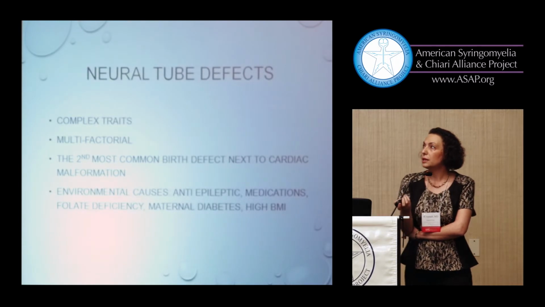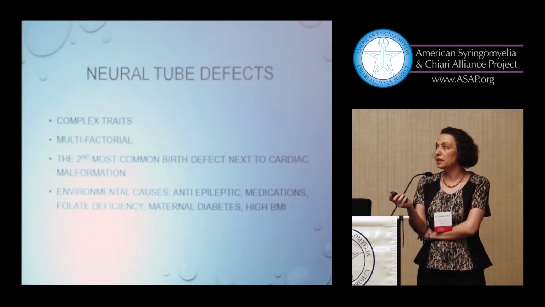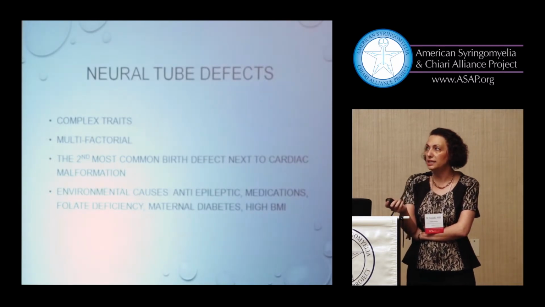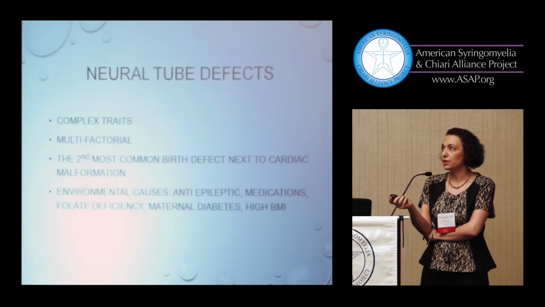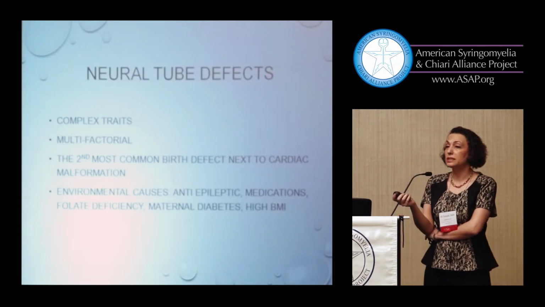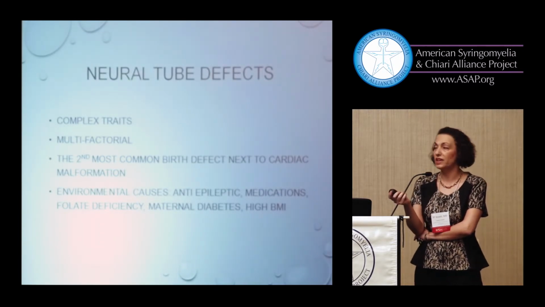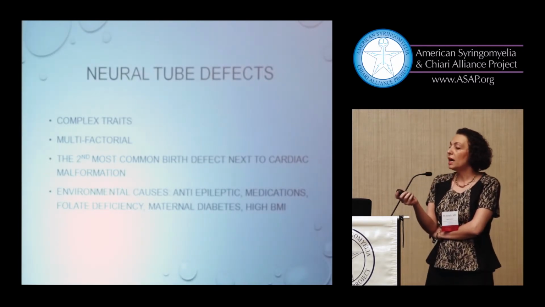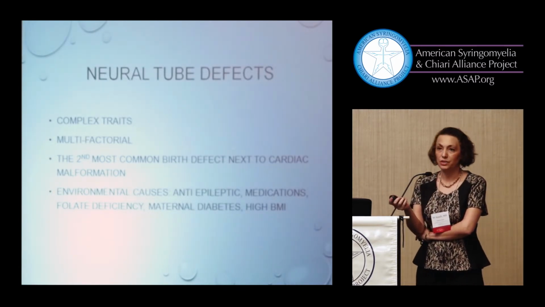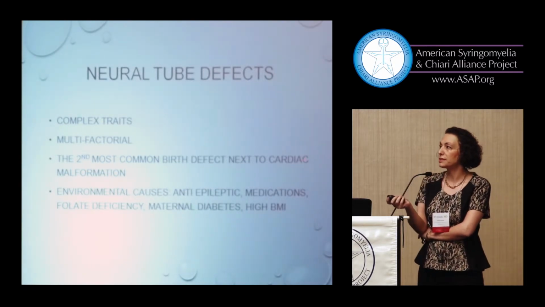So to add more to my discussion, I searched the neural tube defects, and as you may have heard, these are complex traits, and they're multifactorial. They're very common, and next to cardiac defects, in fact, are the most common type of birth defects in children. Well, there is a great deal of environmental factors that cause or may cause neural tube defects.